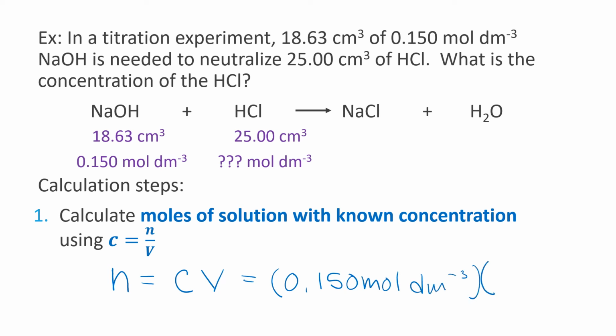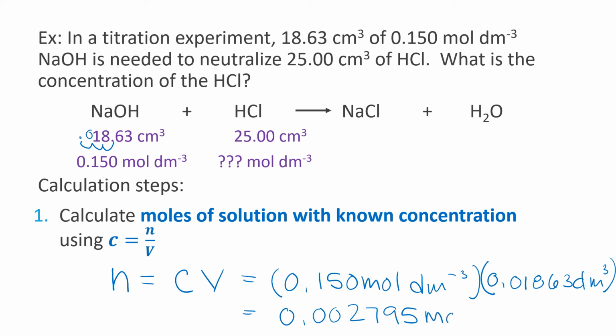And our volume, this is cubic centimeters, we want cubic decimeters, so I'm going to divide by 1,000. I'm going to move my decimal 3 places to the left, and my volume is 0.01863 decimeters cubed. And multiplying that out, I get the number of moles of solution, which is 0.002795 moles. I'm going to keep an extra sig fig for right now until the very end.